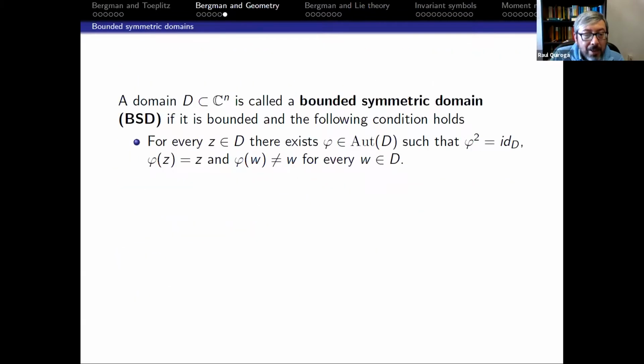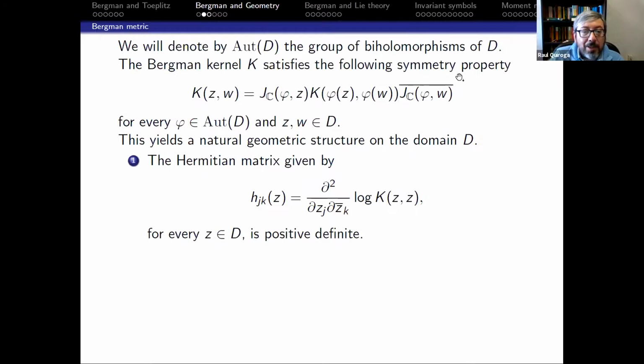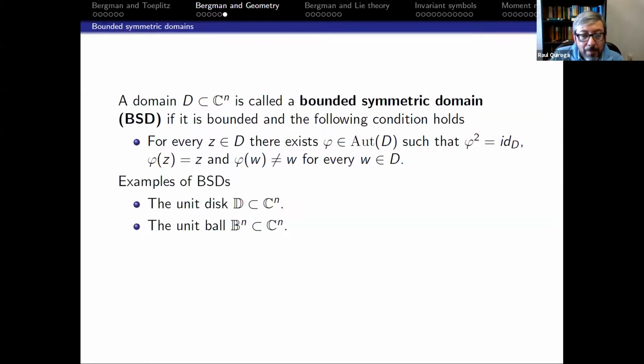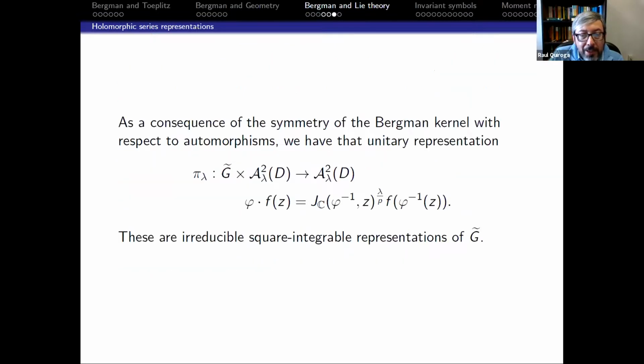Let me go back just a bit. Symmetry over here. Because of that symmetry, you get a unitary representation. With the expression I gave, I'm kind of cheating, because this right-hand side has to lie in the weighted Bergman space. It has to be a holomorphic function.